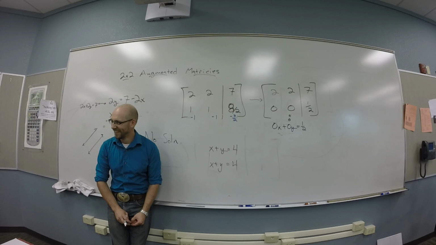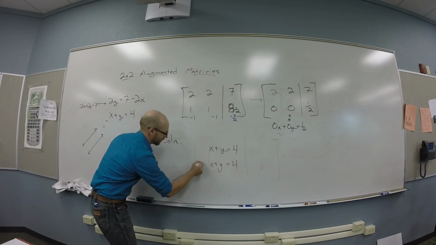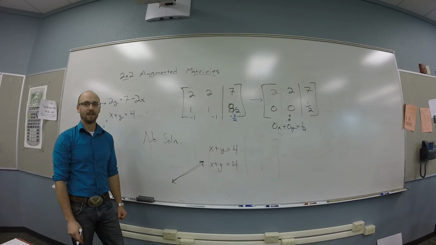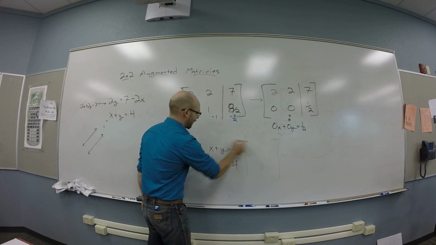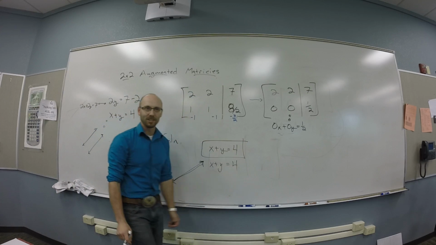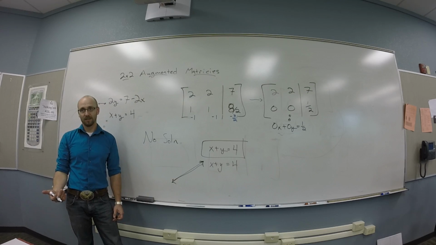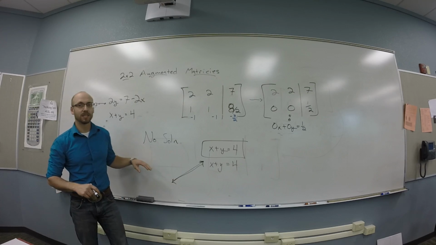Good thought, Joseph. They're the same line. So where does this line intersect with itself? Everywhere. So that one, you would say, circle one of these is the answer. That whole line works. Cool? Okay. So that's the 2 by 2 cases.